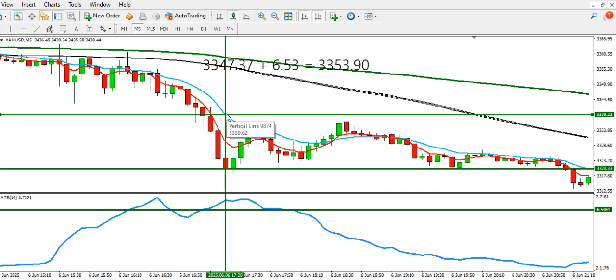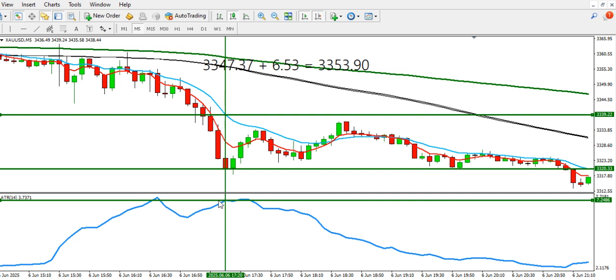Then we need to add the average true range. The average true range for that particular floating candlestick is 7.24. So 7.24 plus 339, let's assume 3346.